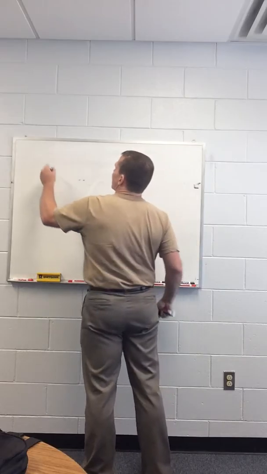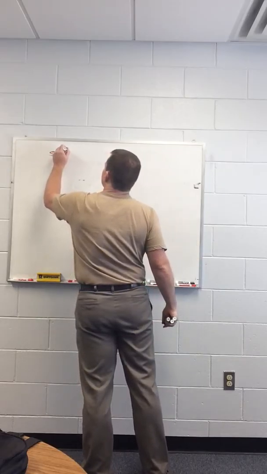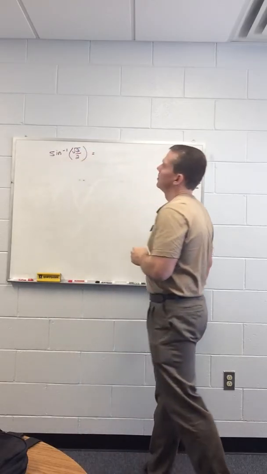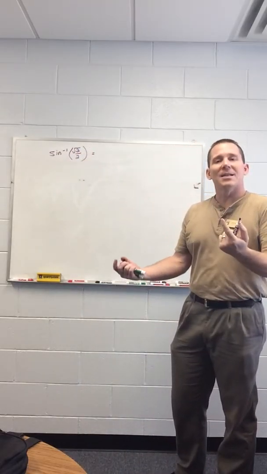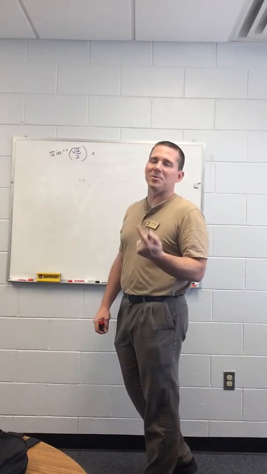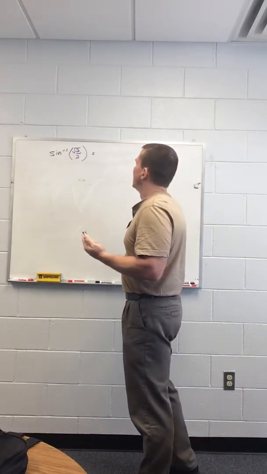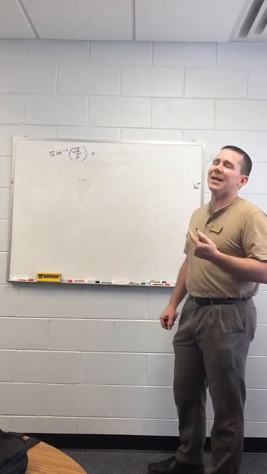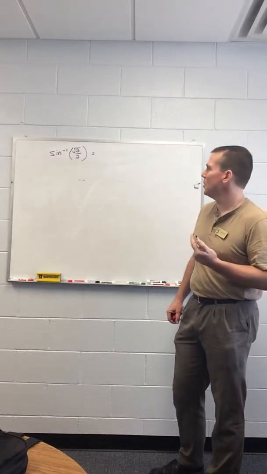So for the sake of argument, suppose I want sine inverse of root 2 over 2. From last time, we said sine is defined in the fourth quadrant and the first quadrant on the unit circle. In other words, it's defined between angles negative pi over 2 and pi over 2.